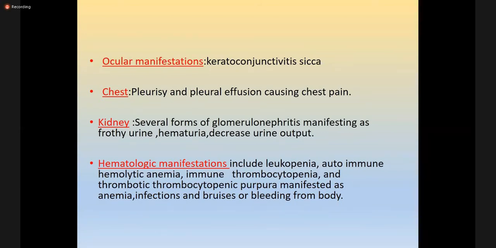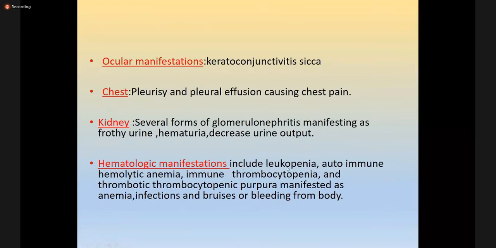Anemia can occur as a result of chronic disease, which is anemia of chronic disease, or it may occur as a result of the disease pathophysiology itself, in which there are formations of antigen antibody complexes causing the destruction of the bone marrow, leading to aplastic anemia, or it may cause the destruction of the red blood cells in the periphery, leading to hemolytic anemia.